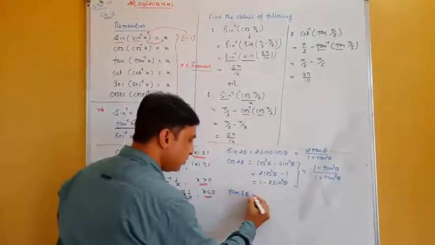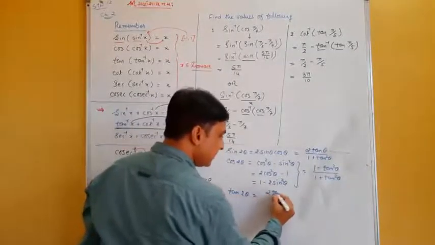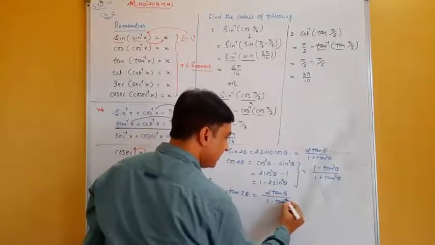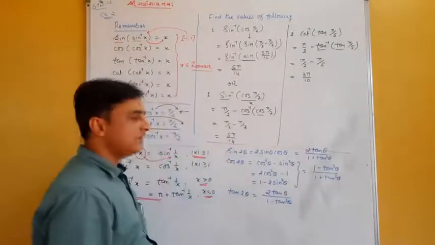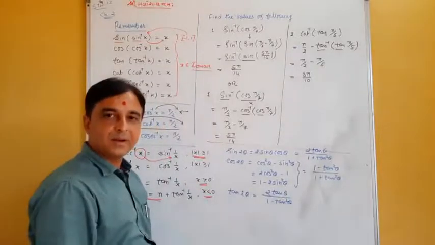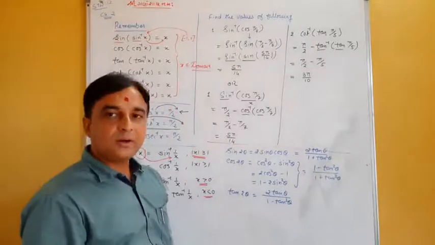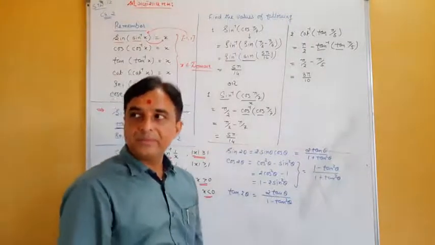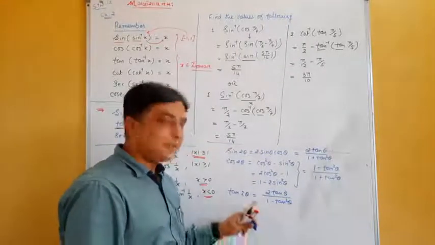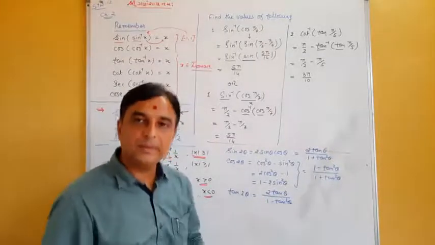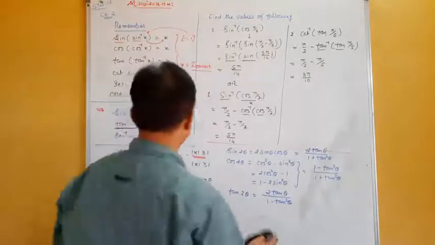Similarly, tan 2 theta is 2 tan theta upon 1 minus tan square theta. This is the formula for 2 theta. Now for 3 theta, similar formulas we have to remember.